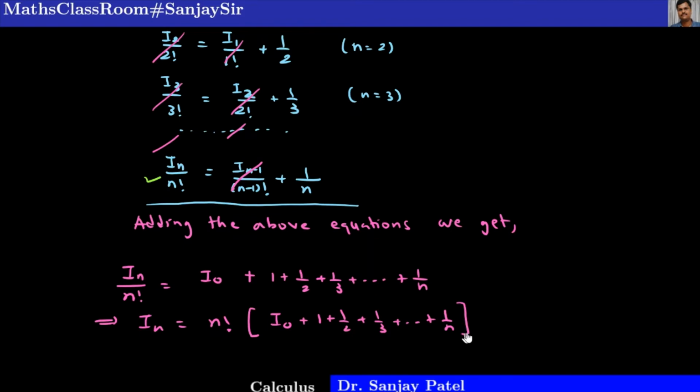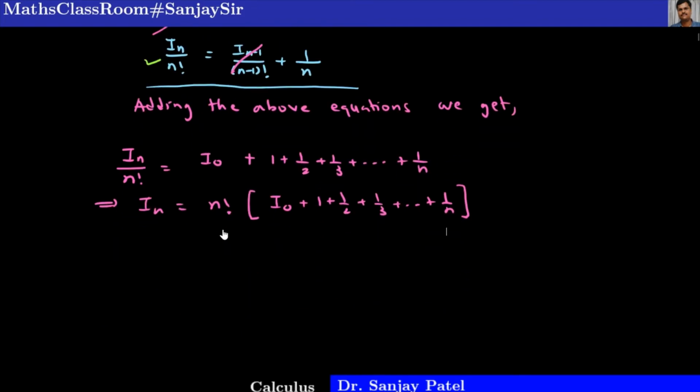So it only remains to check what is I0 here. We have defined In is equal to the nth derivative, In is equal to d^n by dx^n of x^n into log x.